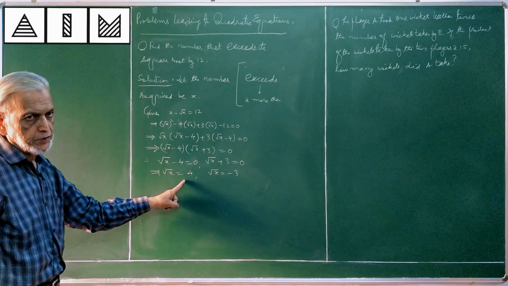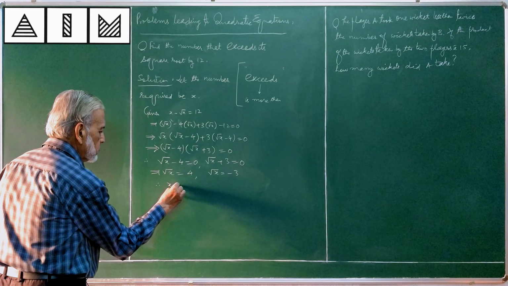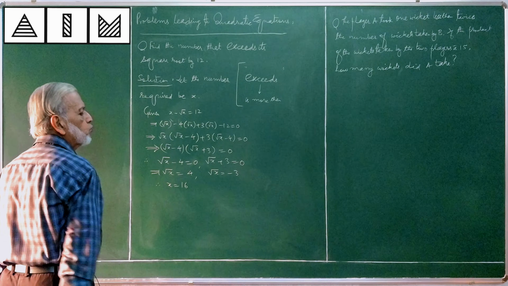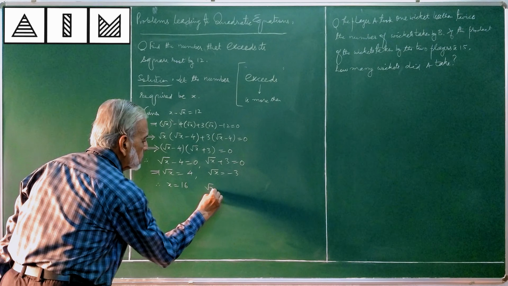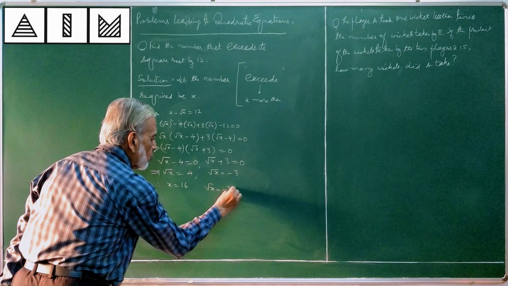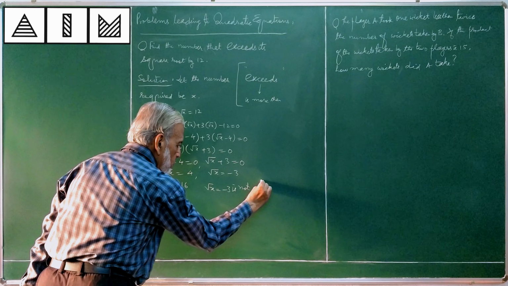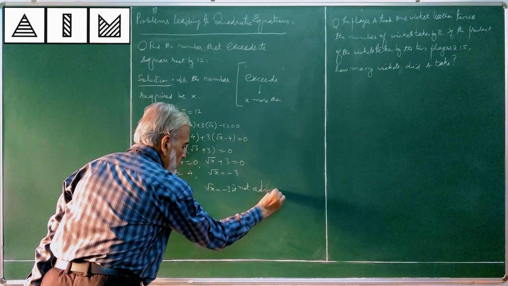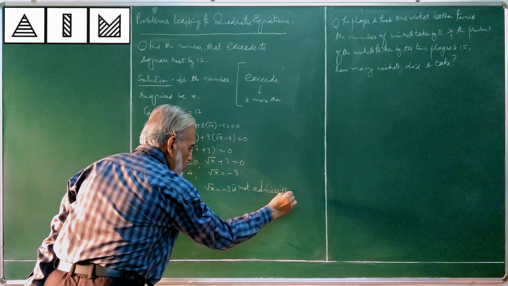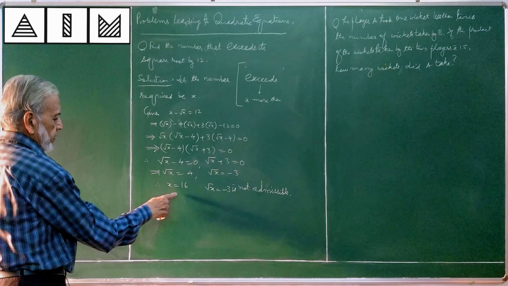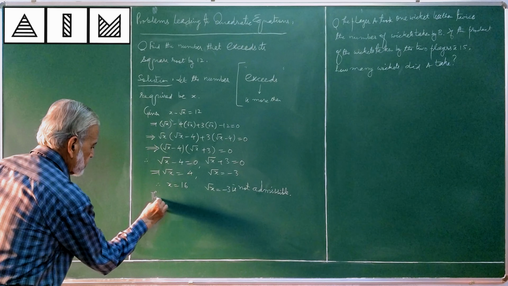So I am taking only root x is equal to 4. Please see here: x is equal to 16. The other value is not admissible. So x is equal to 16. The number required is 16.